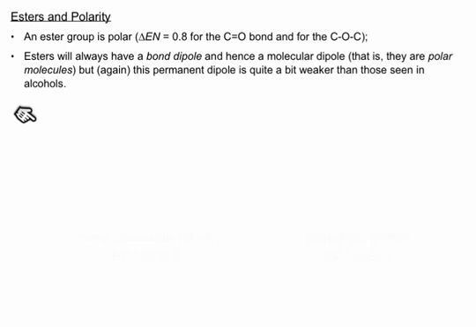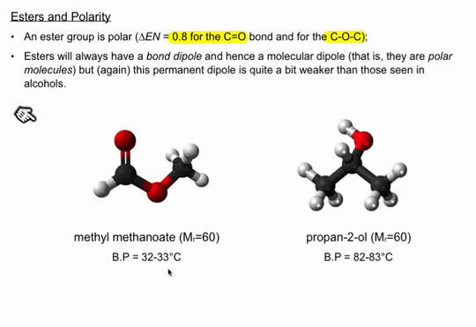So esters have a polar functional group. The delta EN is about 0.8 for the C double bond O, and there's the same delta EN for the C-O-C component in the functional group. So it will have a bond dipole and a molecular dipole, but this dipole is not as strong as you would see with alcohols. So, with similar molecular mass, an ester like methyl methanoate has a boiling point of only about 32 compared to 82 for propanol.